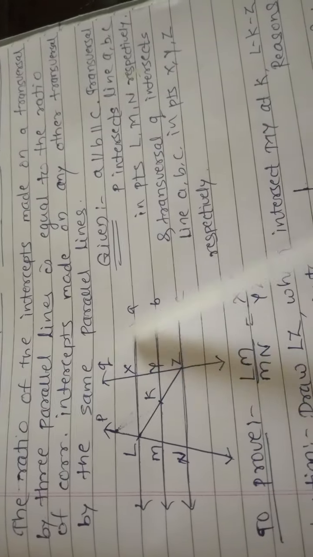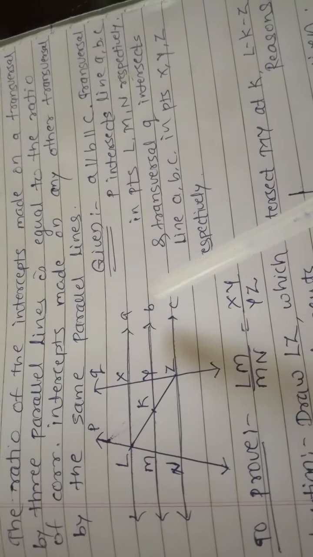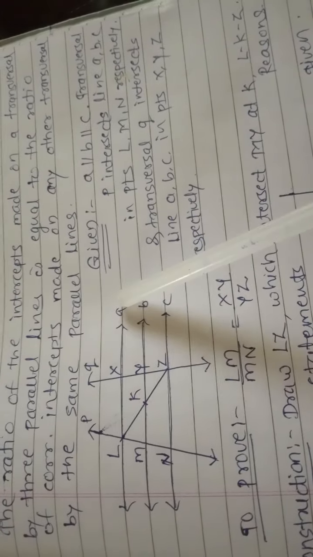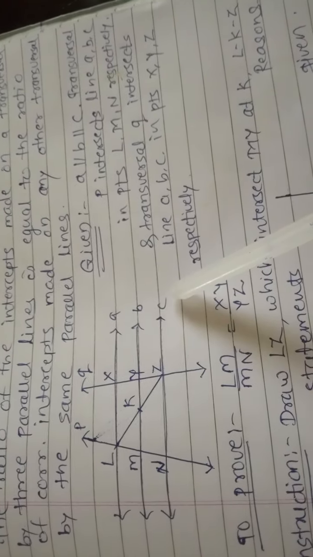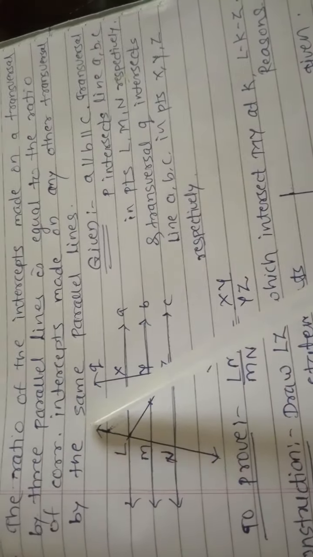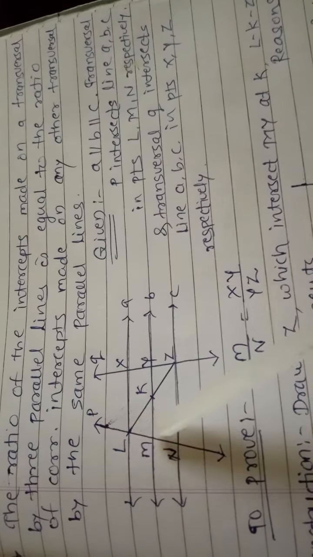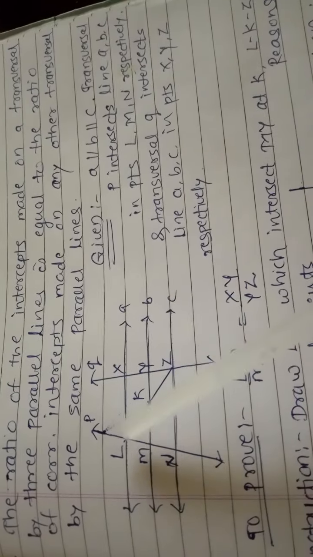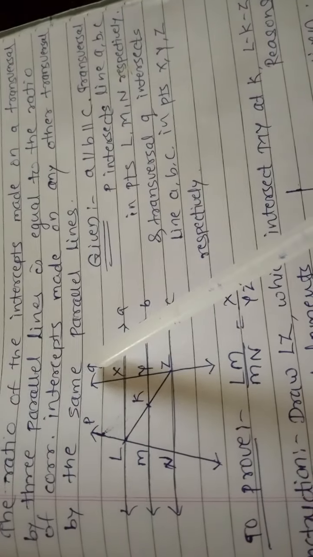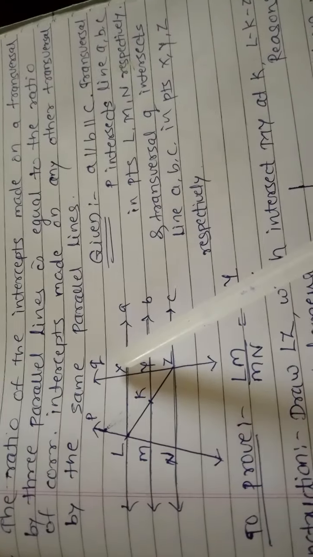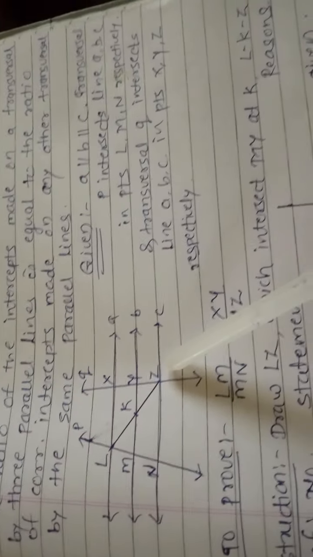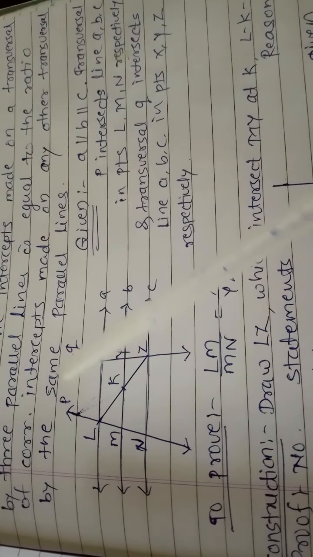If you are given three parallel lines, line A parallel to line B parallel to line C, and P and Q are transversals, where P intersects these lines A, B, C at points L, M, N, and Q intersects the same lines at points X, Y, Z. This is given.